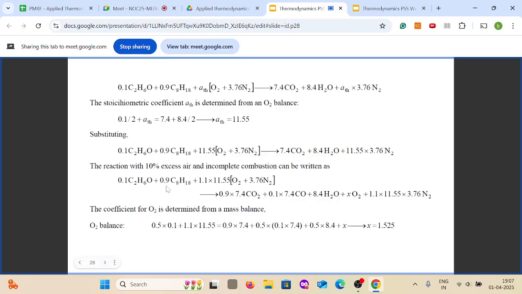Now estimating the moles of oxygen, we get 1.525 moles.